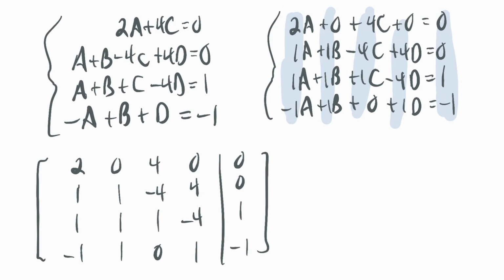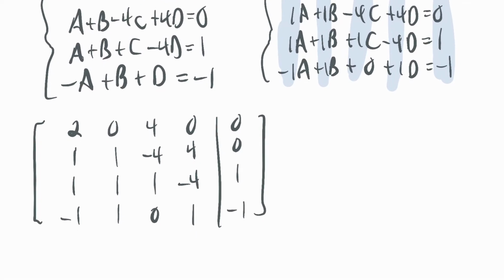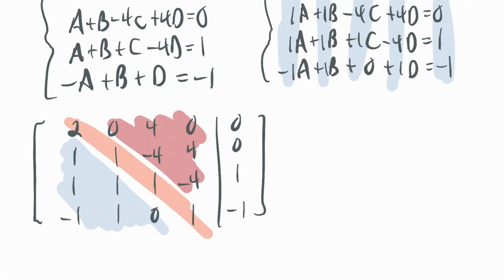Now there's several ways. Basically what we want is we want to have zeros here in the bottom left, and we want to have ones along what's called the main diagonal. And then either for the rest, we'll have some numbers, or we can go forward and get zeros there as well.